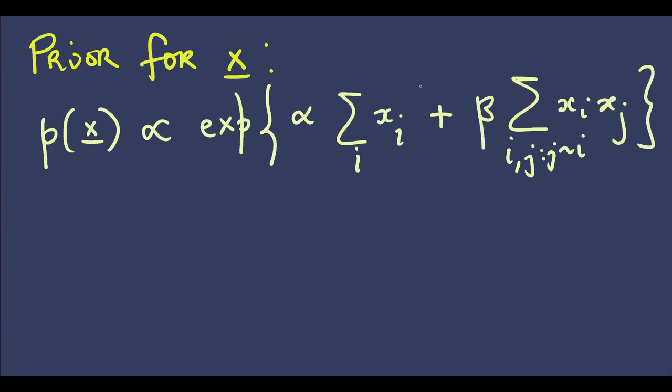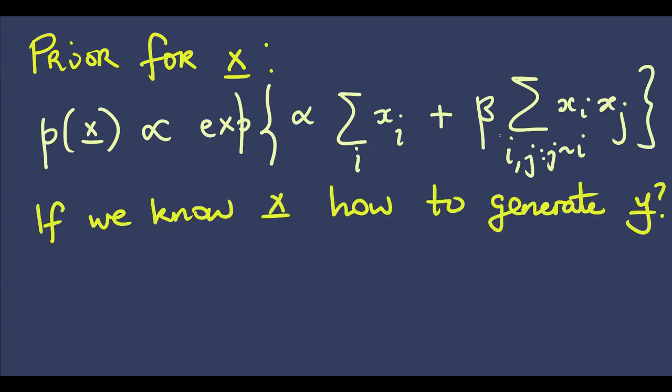Now, if we knew x, how would we generate y? Okay, well, we take account of the fact that the noise is generated independently at each pixel, and the pixel is a flip with probability 0.1. So we can write down the probabilities of combinations of x and y values.